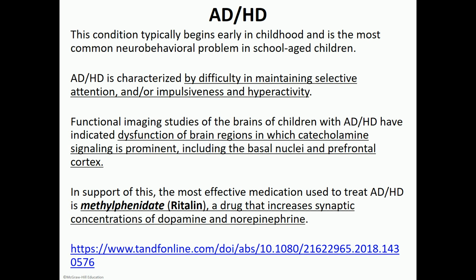Maybe I can do the jumping jacks later during recess. But again, the inability to filter those motor impulses due to the dysfunction of the basal nuclei and the prefrontal cortex is what would lead that kid to do that at that particular time. Okay.